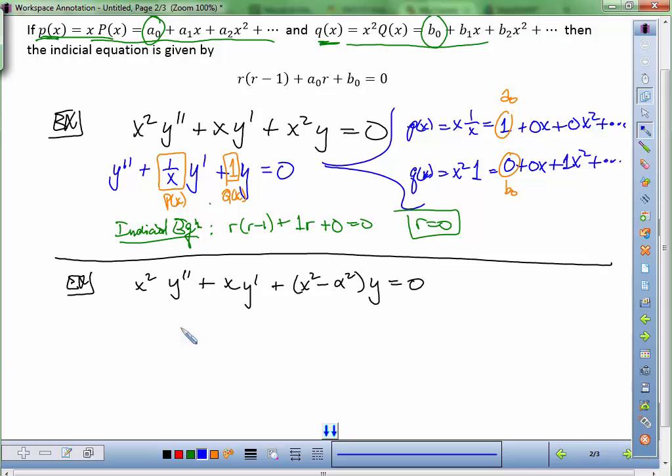So we have y double prime is equal to, again, 1 over x, not equal to, sorry, plus 1 over x y prime plus x squared minus alpha squared divided by x squared times y is equal to 0.